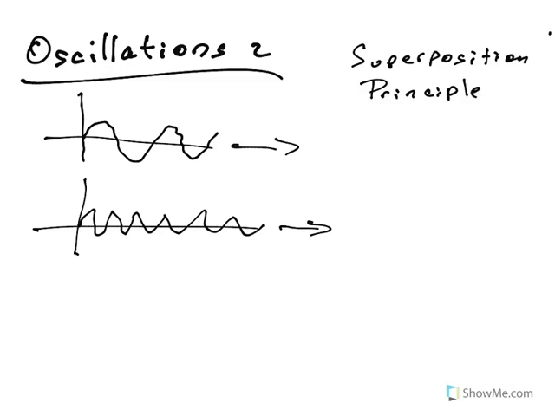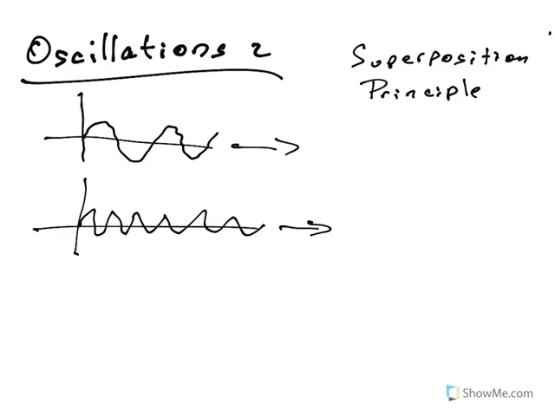All it means is, if you have multiple phenomena occurring at the same time, and you want to know the total result of all of them, then all you have to do is take each one individually, add up the results, combine them all together, and the final sum of all of those results is the actual total result.